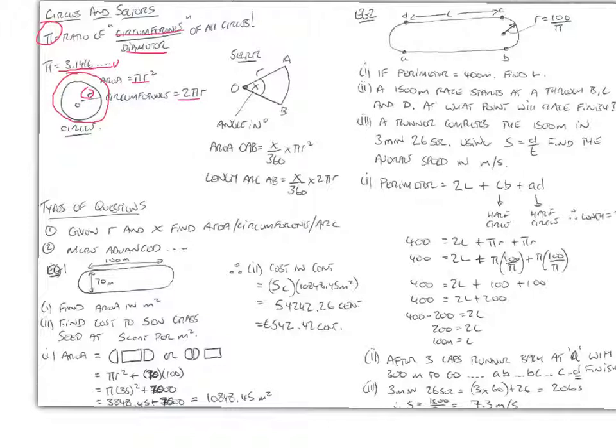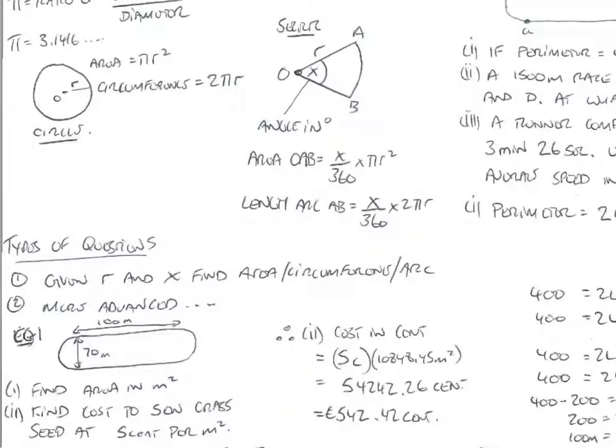And for a sector with radius r, a length AB, and an angle in degrees here x, the area of OAB, that shaded area, is equal to x over 360 times pi r squared, or the length of the arc AB is equal to the angle x divided by 360 times 2 pi r.